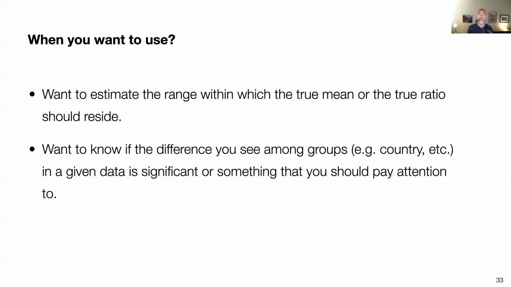Let's say you calculate conversion rate among groups A, B, C, and B is high, A is middle, and C is low. You're basically finding that, hey, there's a difference here. And then you want to know, is that just a marginal difference or something that you should spend time on? That's a very important question. So those are the times you want to use confidence interval.